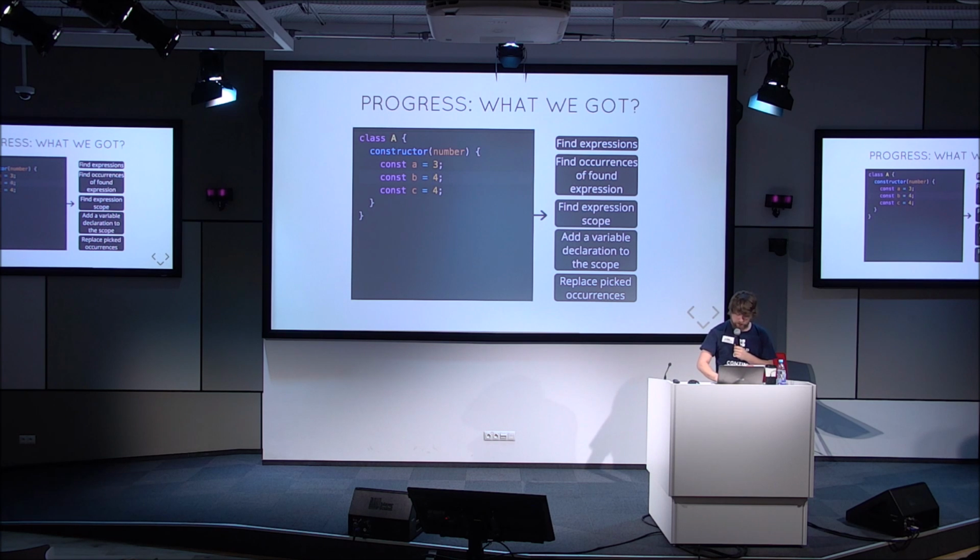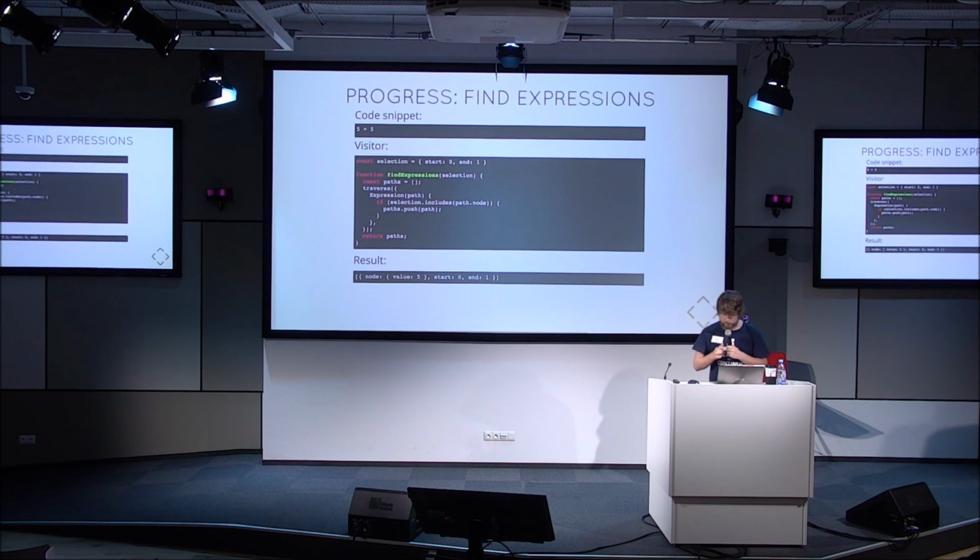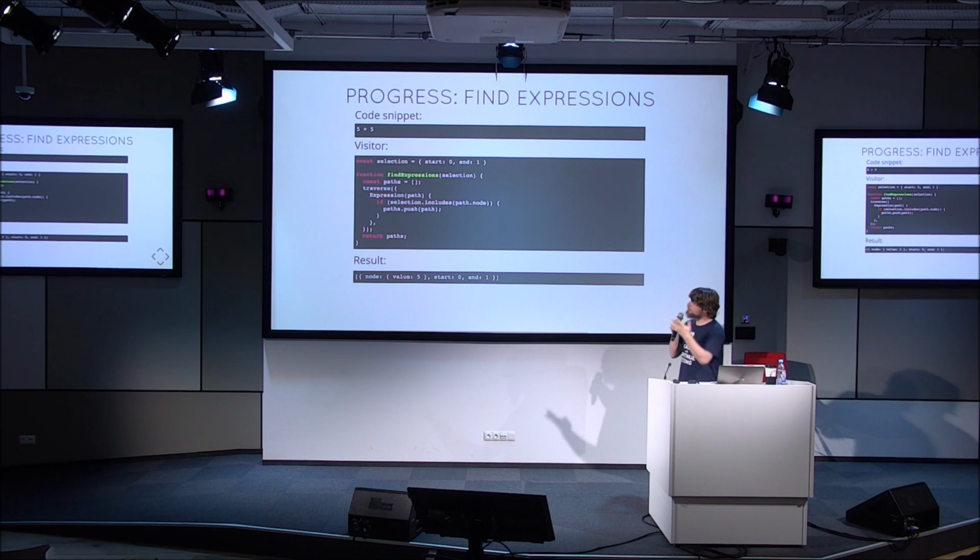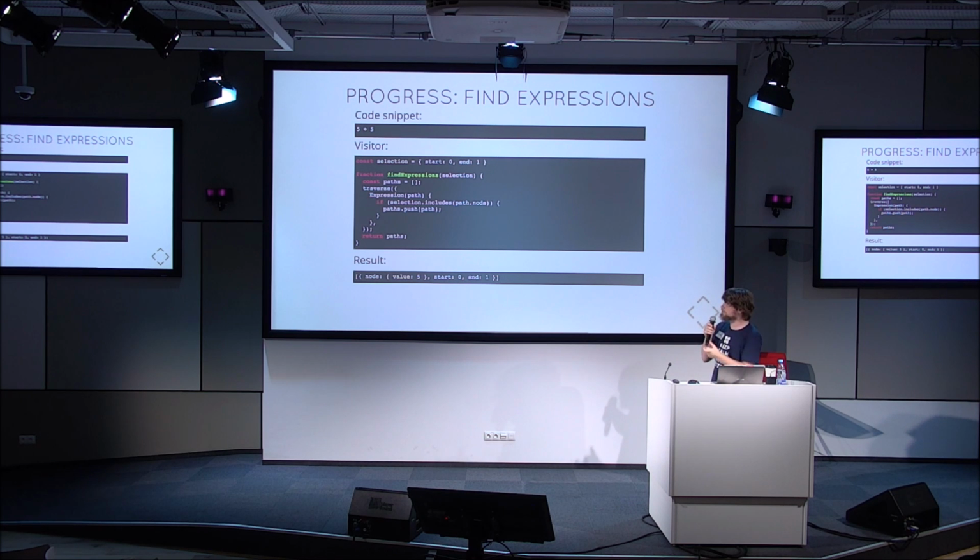So how do we achieve that? We already know how to find expressions. We just need to go through the tree, find an expression, see if it's exactly the expression we're looking for, decide where its position is, and then we have the position as the result. Here, for example, we put the start position at 0 and the end at 1, which means that we're selecting the first 5.